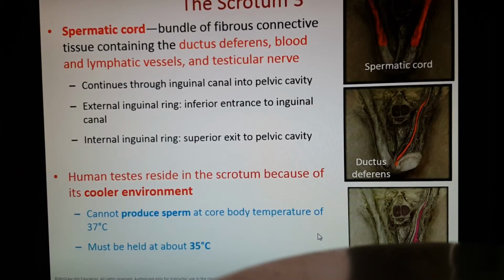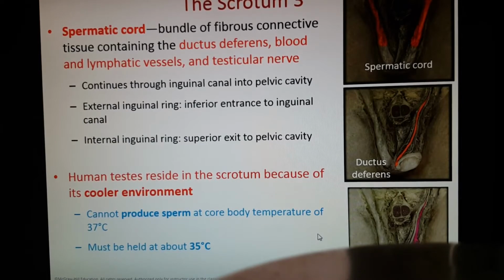So for the testes that reside in the scrotum, in order for them to create sperm, they need a cooler environment. So being in the scrotum outside of the body helps to prevent it from becoming too warm. Core body temperature is 37 degrees Celsius.